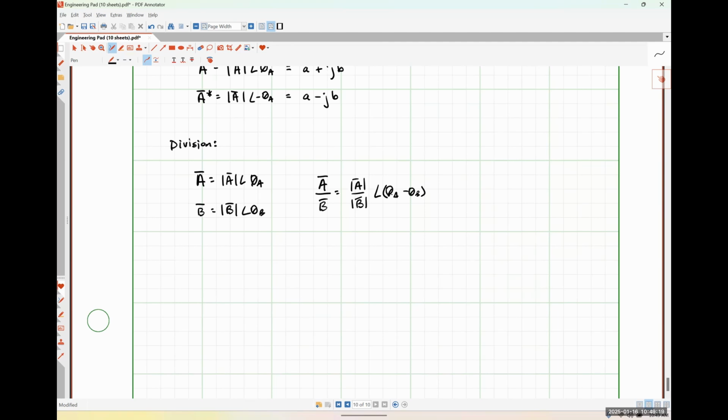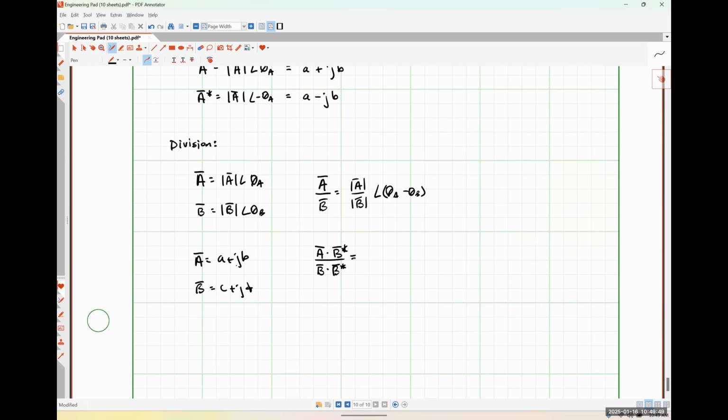That's how it works in polar form. This is the easier way to do it by far. In rectangular form, if we had A equal to a plus jb and B equal to c plus jd, then we would have to do A times the complex conjugate of B over B times the complex conjugate of B in order to get rid of the imaginary part of our denominator.